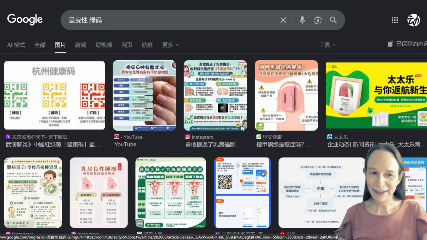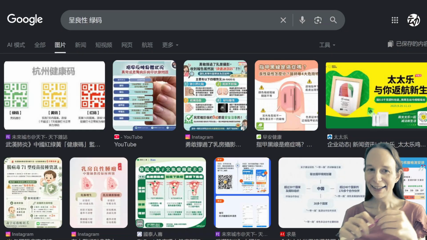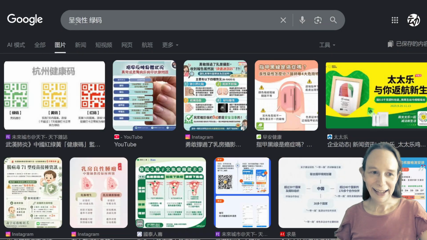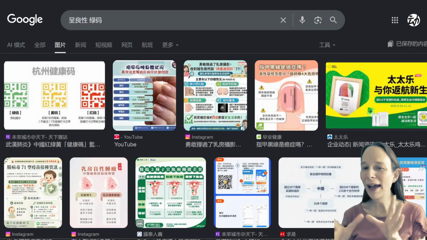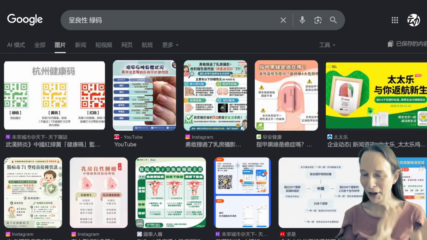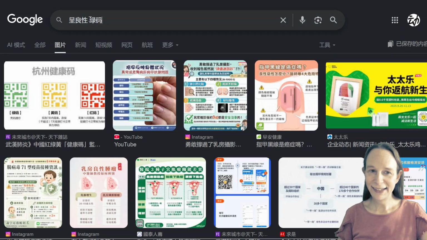I never got anything but 绿码. The 绿码 implies that in recent testing for COVID, you tested negative.